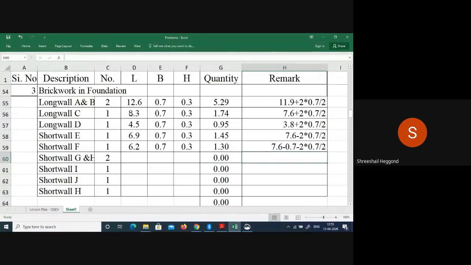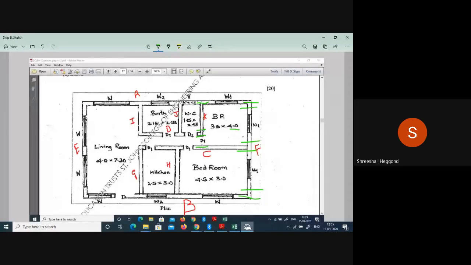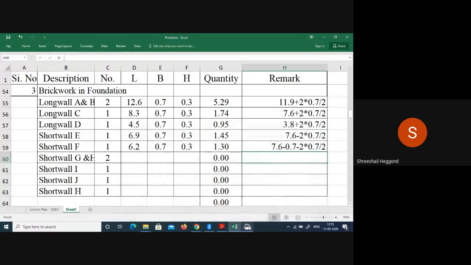Next, D and H. D and H will have length 3.3, by considering the diagram. 3.3 is center to center length, minus both the sides you have to deduct, that is 2 into 0.7 divided by 2. Therefore, it will be 2.6, 0.7, 0.3.